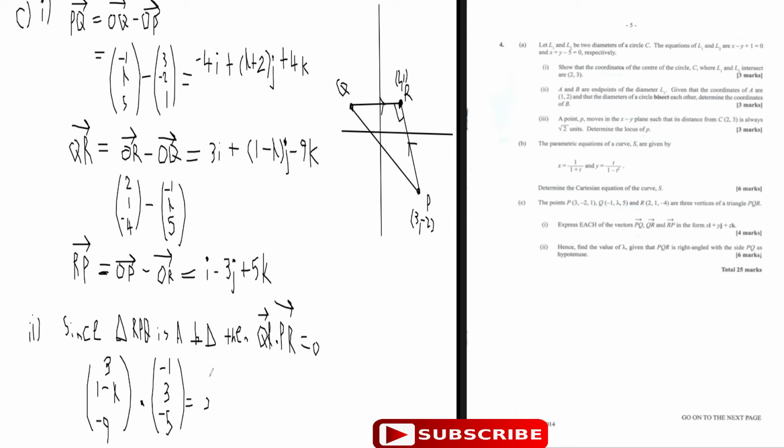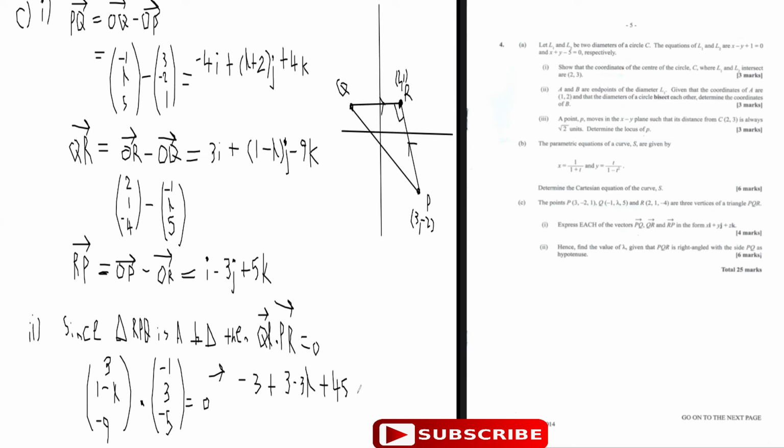So what does that mean? That implies that 3 times minus 1 is minus 3, plus 3 times 1 minus lambda is 3 minus 3 lambda, and then minus 9 times minus 5 is plus 45, that's equal to 0.